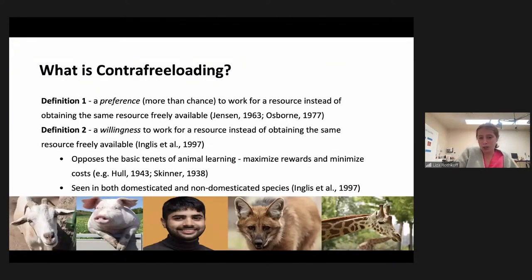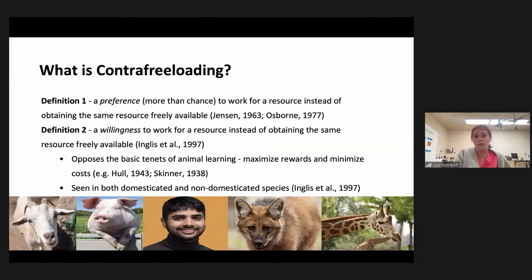Contra-free loading has two definitions. The first definition refers to a preference, more than chance, to work for a resource instead of obtaining the same resource freely available. Depending on which paper you read, sometimes it's more than chance, sometimes it's 50% to define this preference.